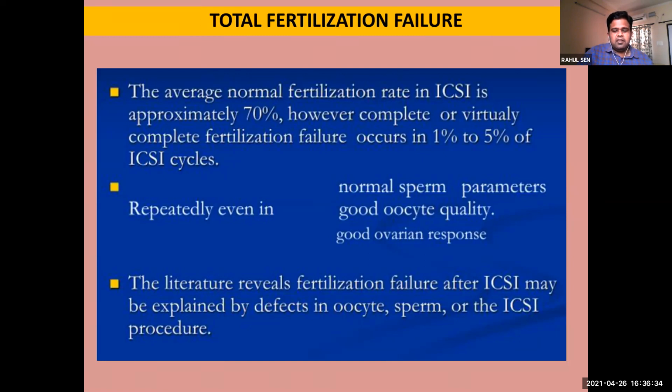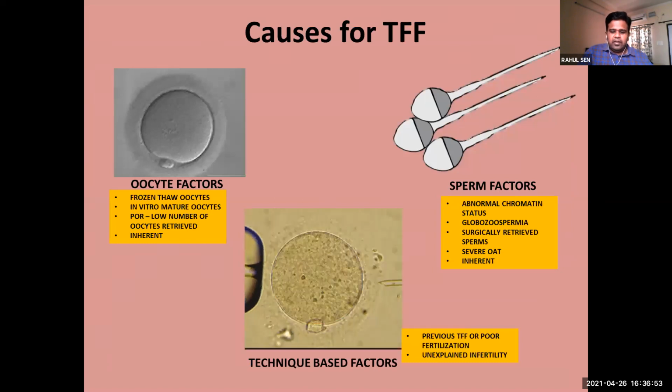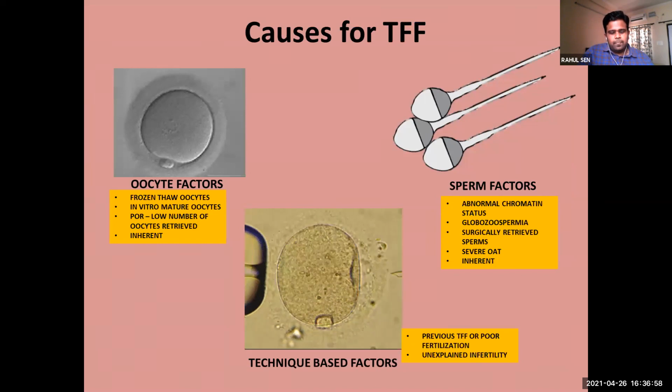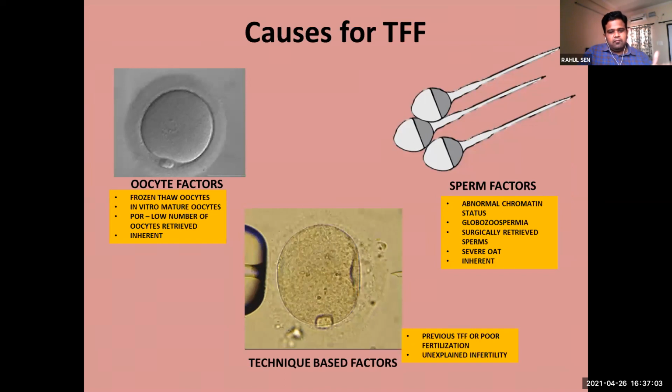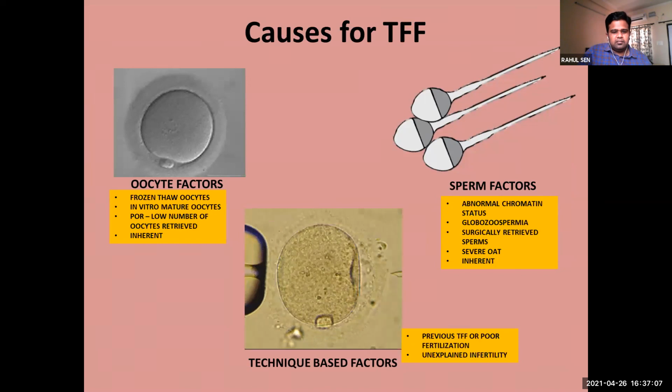The literature has revealed the causes of how this fertilization failure occurs. The defects can be seen from oocyte factors, from sperm factors, and also from technique based factors. The oocyte factors can be due to frozen-thawed oocytes, which may cause total fertilization failure.